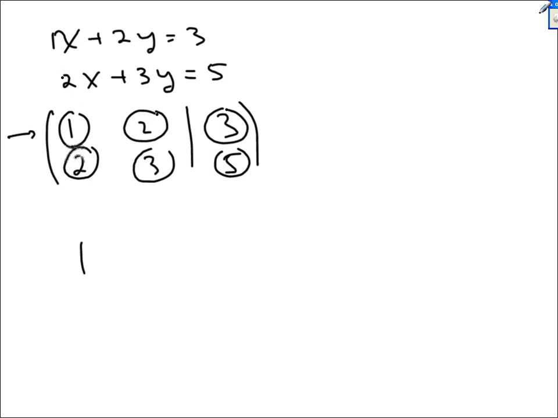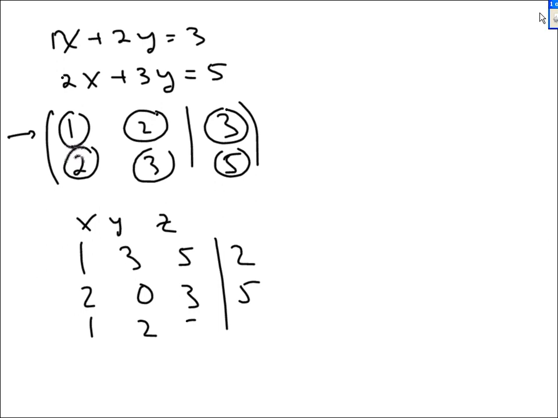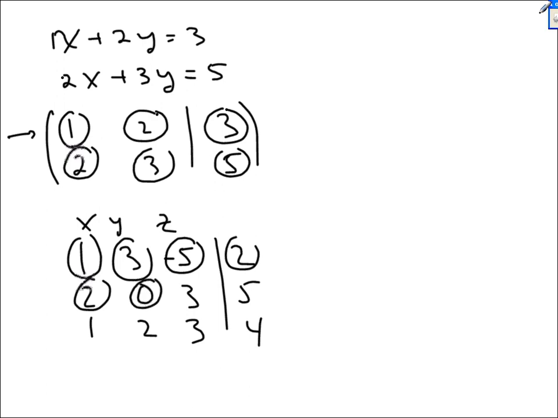If you had 1, 3, 5, 2, so that means the variables are x, y, z, and 2, 0, 3, 5, and 1, 2, 3, 4. 1x plus 3y, let's make that minus: 1x plus 3y minus 5z is 2. 2x, now adding 0 y's, you don't need to do. 2x plus 3z is equal to 5.